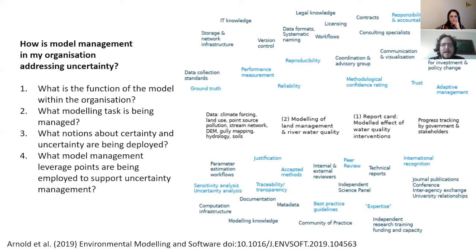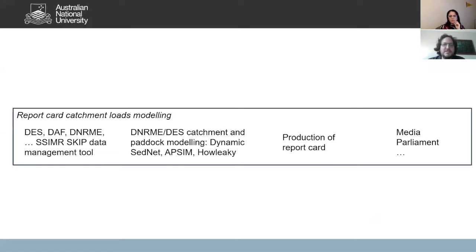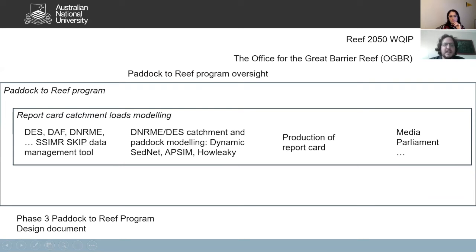Another way to think about it isn't just in terms of who is actually involved. So if we think about the nesting of different processes, we've got this central catchment loads modeling process. It falls within something called the Paddock to Reef program more generally, which is described by a design document. There's oversight from the Office of the Great Barrier Reef, and it's feeding into a piece of legislation called the Water Quality Improvement Plan.